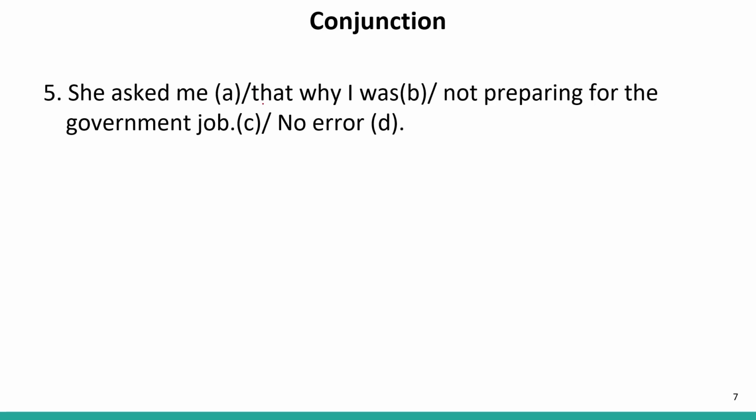Here the sentence is again like an indirect speech of an interrogative sentence. So why we have used, I was, is the structure of an assertive sentence that has been used, but the word that is not required over here. In case of indirect speech, we use that in other than interrogative sentences, like we do in simple sentences, but not in interrogative ones.